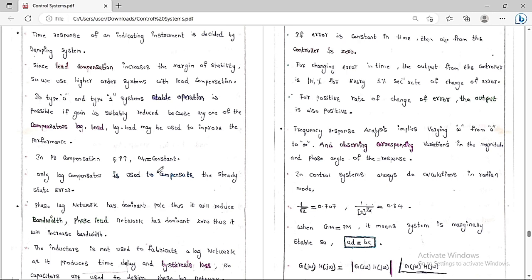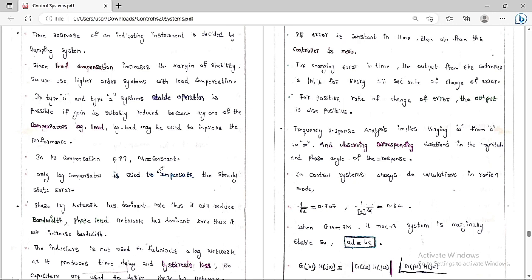So in type 0 and type 1 systems, stable operation is possible if gain is suitably reduced because any one of the compensators, like lag or lead, may be used to improve the performance.